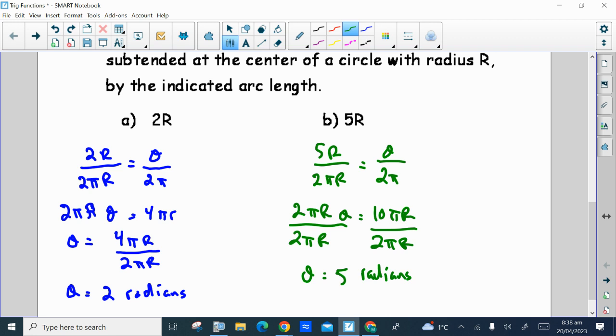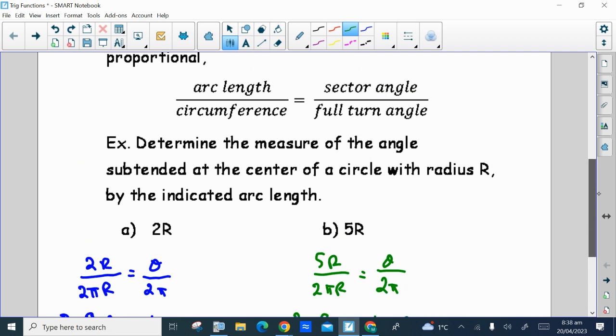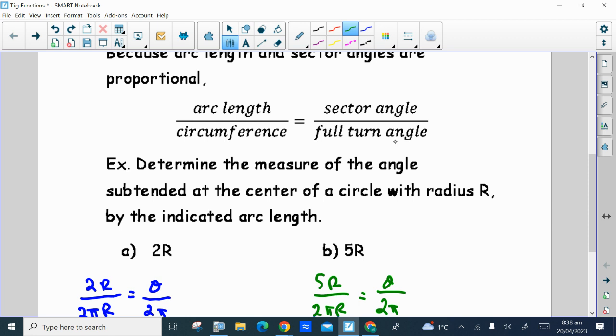And it's no coincidence that in both cases, the answer we get is the coefficient of r for the arc length. Okay. But this relationship is something that we never worked with in 30-1.